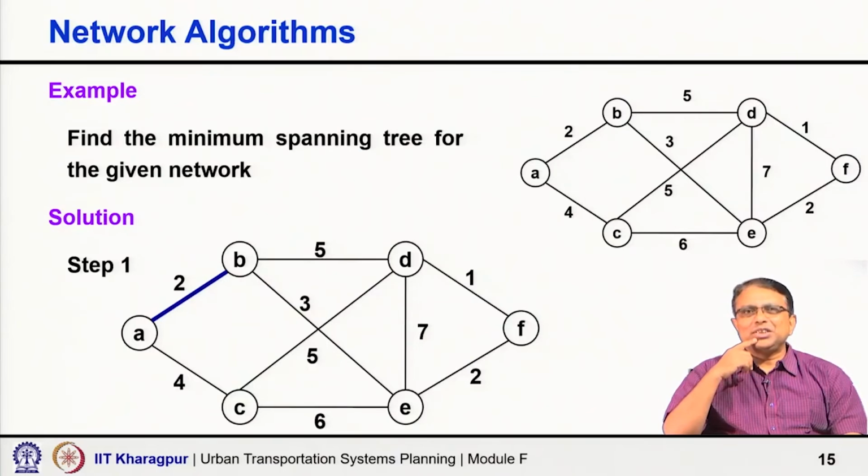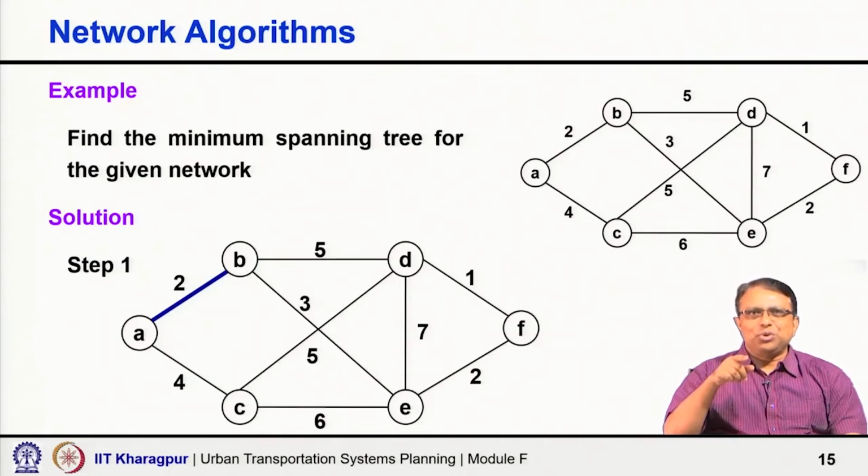Once I have connected B, whatever I have explored, A C is still there. Now, B is newly connected, so B D and B E are new connections, new nodes D and E, which I explore further. Now, what are the costs?